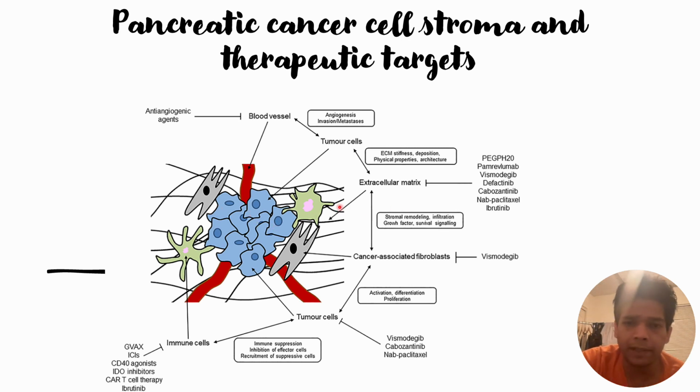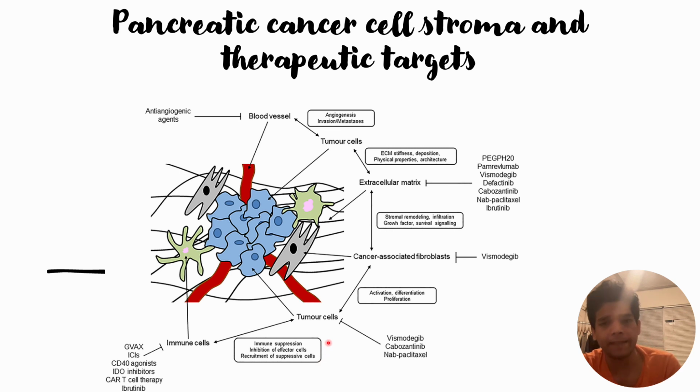There are several commercial therapeutic targets available to disrupt this extracellular matrix, and they are mentioned here: PEGPH20 and defactinib, and there are other targets mentioned here. You can refer to them.